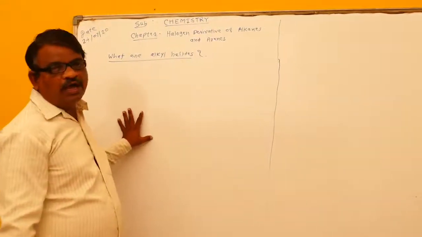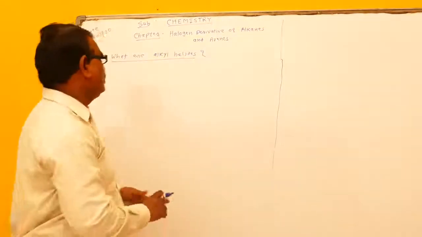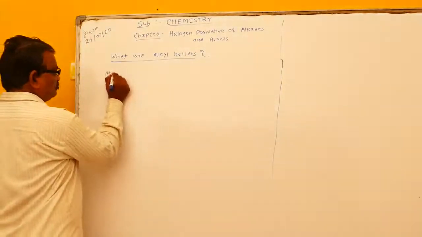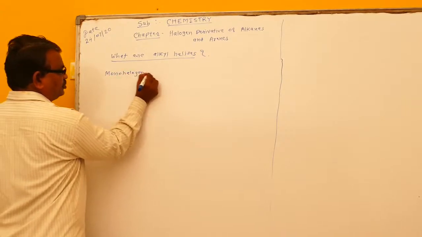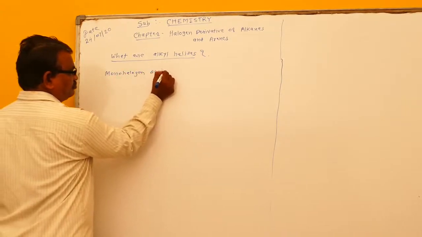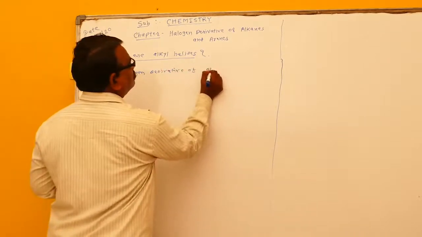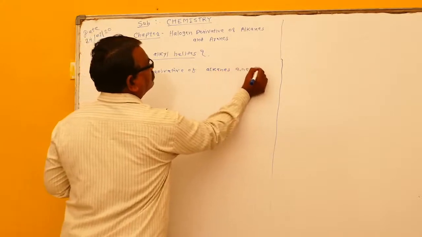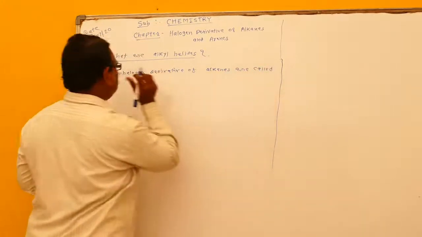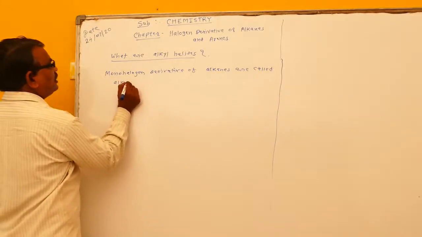The monohalogen derivatives of the alkanes are called alkyl halides.